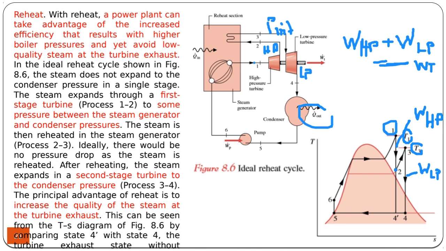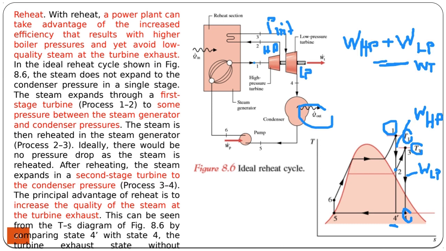As you can see, the exit of the low pressure turbine is now here. If there was no reheat, the exit of the first turbine would be there. But in this reheat cycle, the exit of the low pressure turbine, or the inlet of the condenser, is here, meaning that it's drier than the case without reheat.